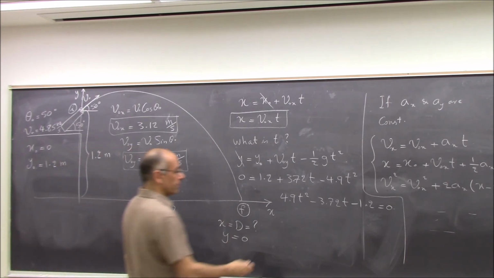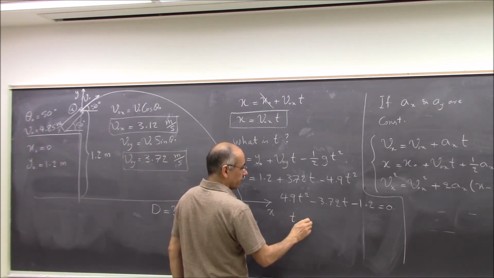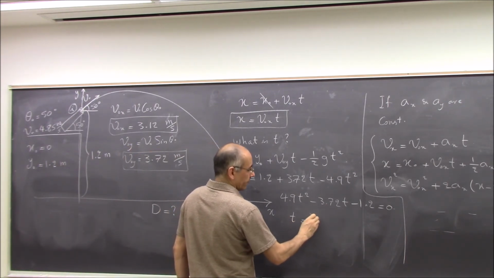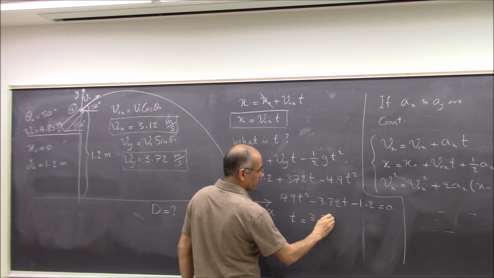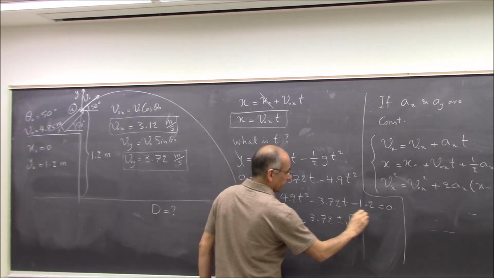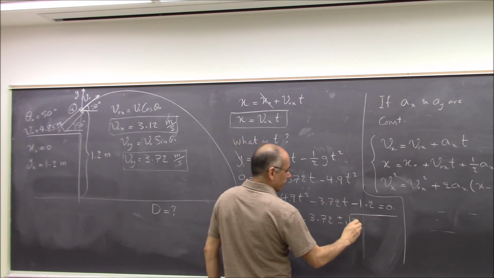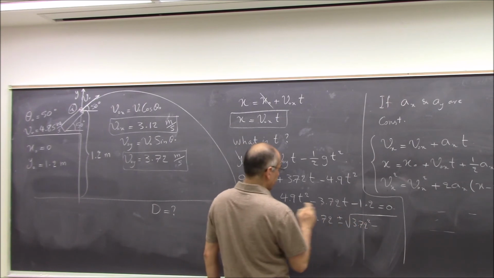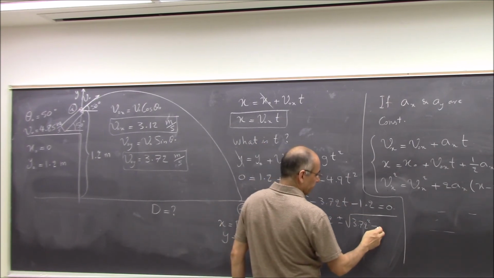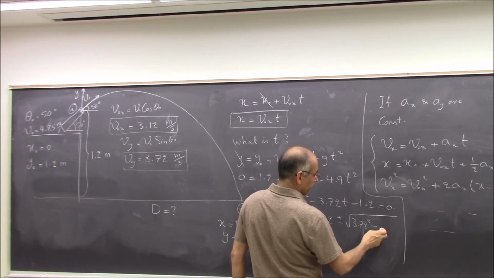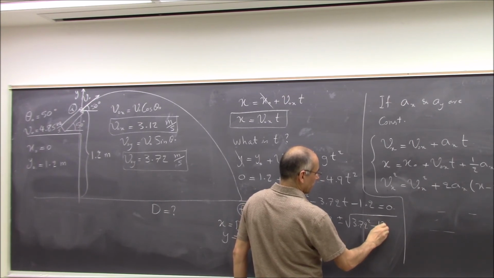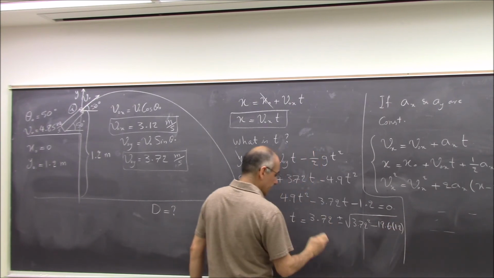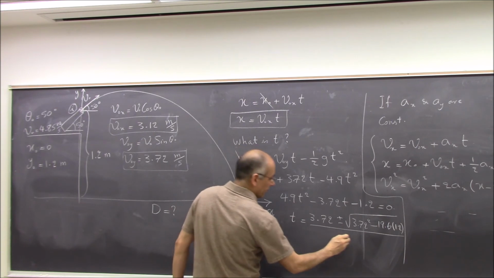This is a quadratic equation. Everyone knows how to find the answer. This becomes negative b plus or minus the square root of 3.72 squared minus 4ac, 4 times 4.9, that is 19.6, times 1.2, divided by 2a, which is 9.8.